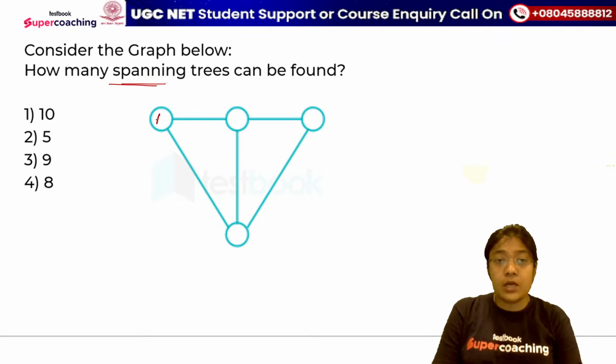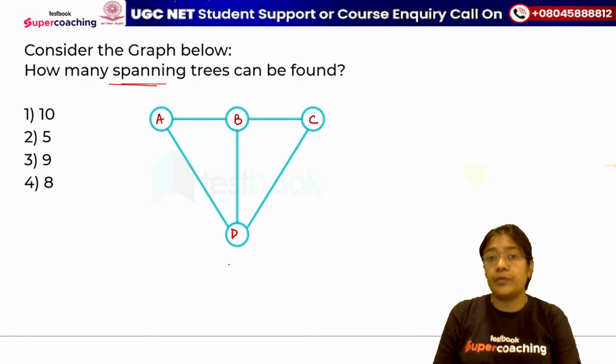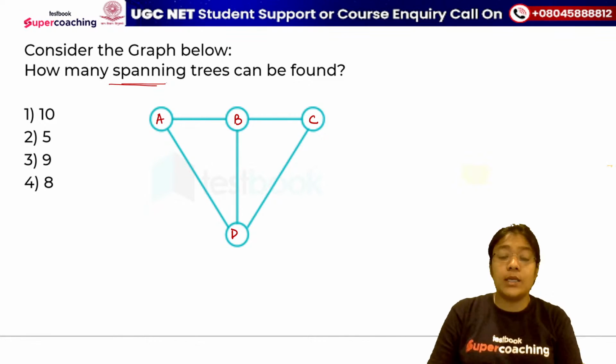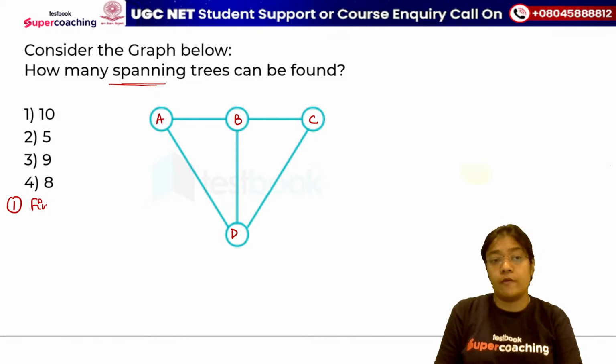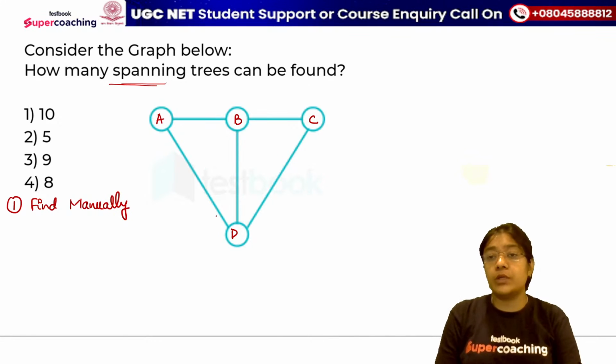So let me mark the vertices as A, B, C, D. How many spanning trees are possible? इसको करने के लिए हमारे पास दो अप्रोचेस हैं. वन इज यू कैन ईदर गो फॉर द मैनुअल अप्रोच, फाइंड मैनुअली. डेफिनेटली यहाँ पे नंबर ऑफ वर्टिसेस और एजेस कम हैं, एक बार के लिए आप मैनुअली फाइंड कर लोगे. बट व्हाट इफ द ग्राफ कंटेन्स मोर नंबर ऑफ वर्टिसेस और द मोर नंबर ऑफ एजेस?